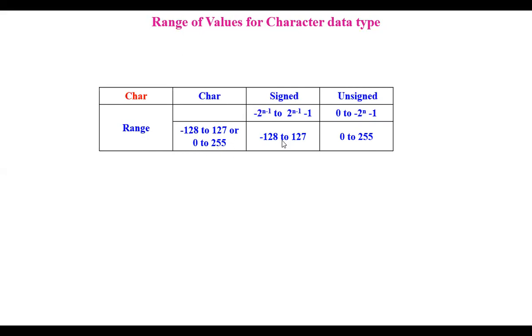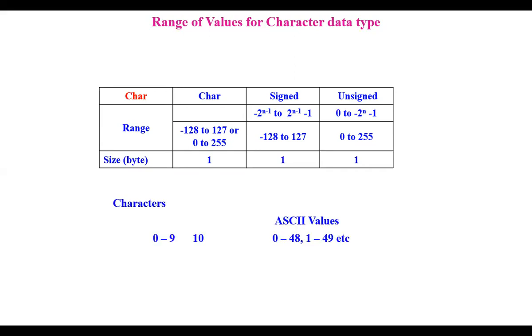They are divided in half: half is shown on the negative side and half on the positive side. So totally 256 characters can be shown. When you come to unsigned, all 256 numbers fall from 0 to 255. Whether it is signed, unsigned or plain char, it needs a memory of just 1 byte.